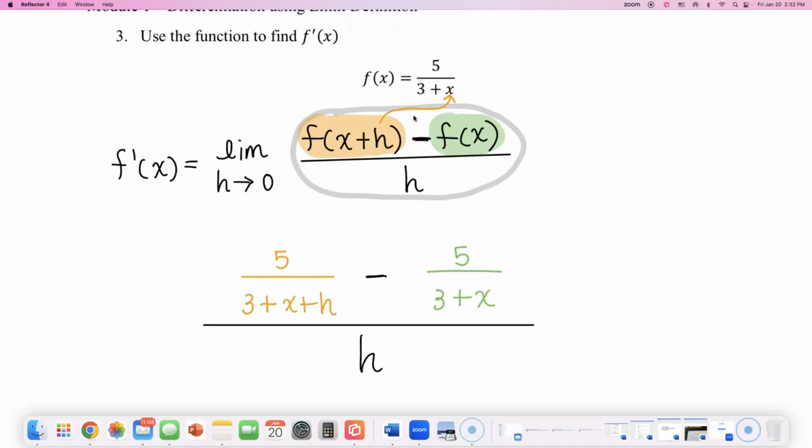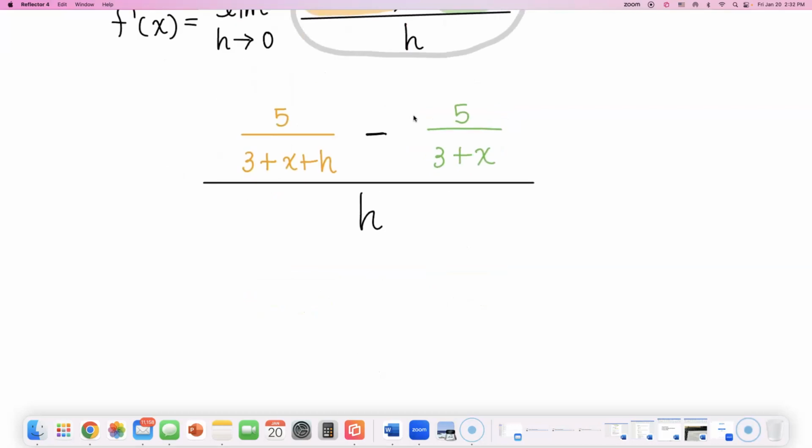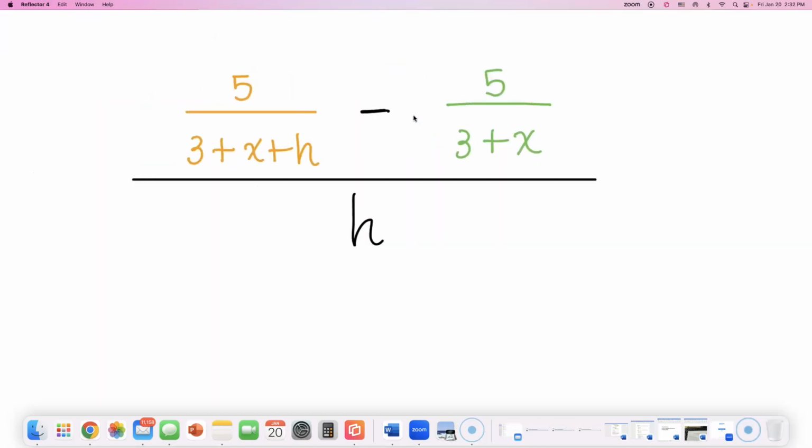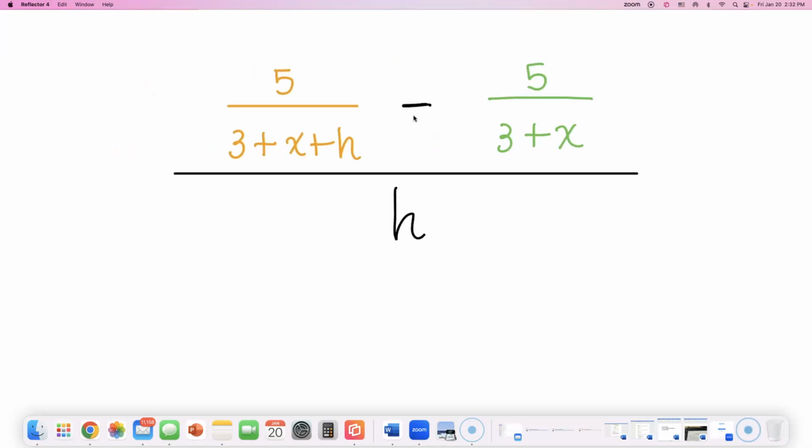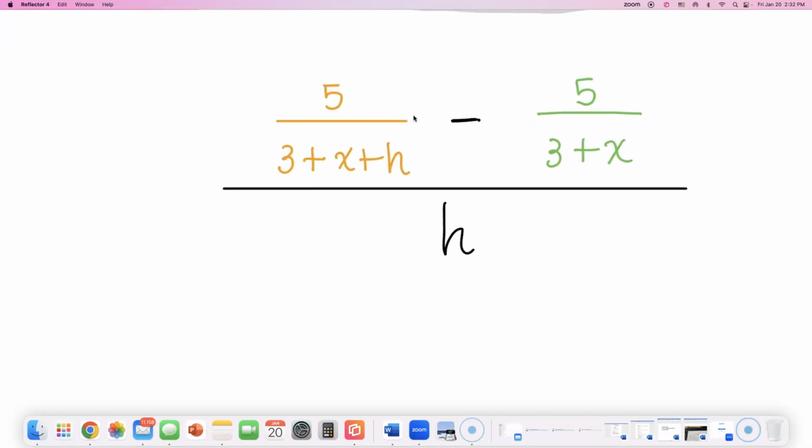Now we're trying to subtract an orange fraction and this green fraction, but they don't have a common denominator. So guess what? We will have to multiply the first fraction, this orange one, by the bottom of the second fraction, which is 3 plus x. So take a look. On top and bottom of this fraction, I'll do 3 plus x and 3 plus x.